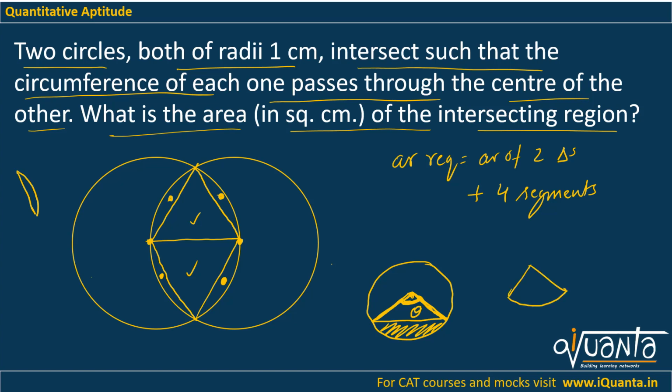The region that looks like this, having the included angle over here, is called a sector of a circle, and the radius of a sector should always be equal to the radius of the circle. For the area of a sector we have the formula theta upon 360 degree, where theta is also in degrees, into pi r square. So r is the radius of that circle.